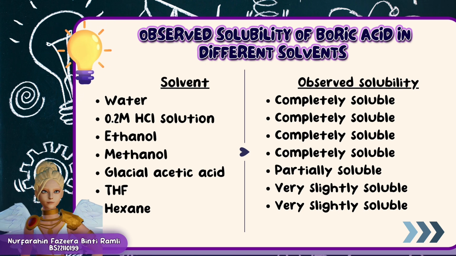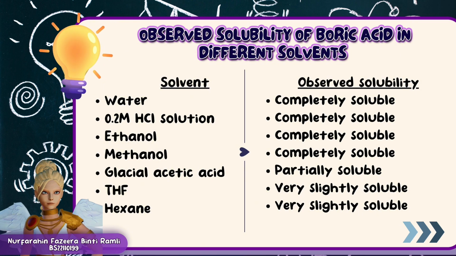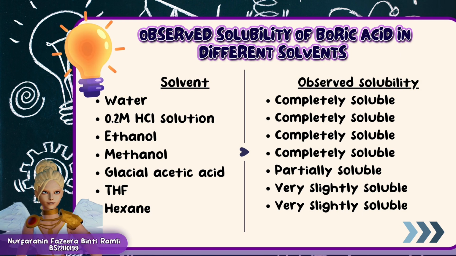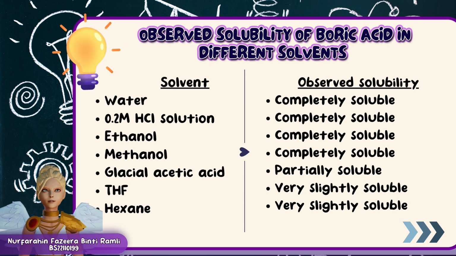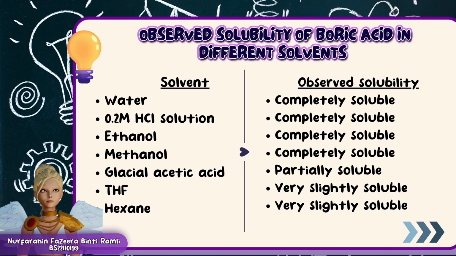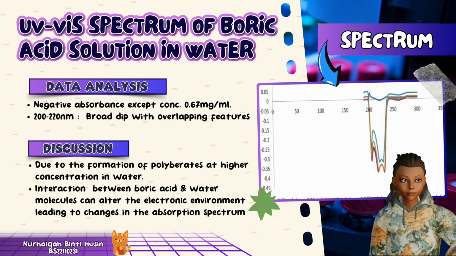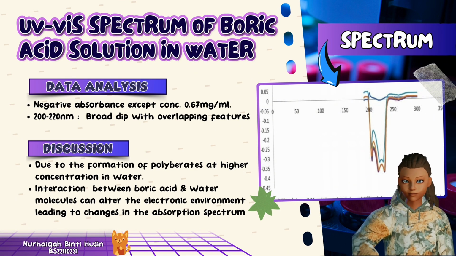By looking at the spectrum given, it is noted that there were positive absorbance and multiple peaks in the data obtained. It explains the weaker absorbance and lack of strong shifts in the absorption spectrum. From that observation, it is due to the polarity of the THF itself, which is moderately polar.